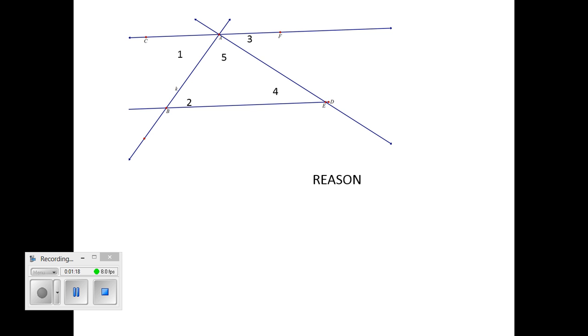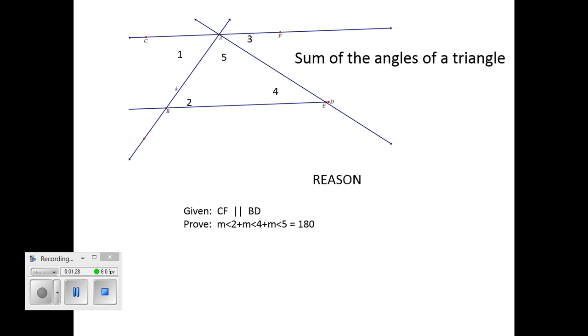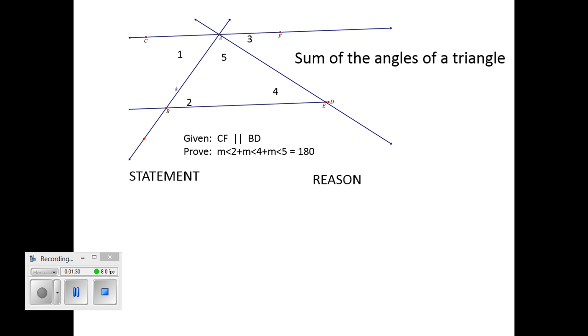Okay, the biggest thing that we need to know about triangles is that the sum of their angles is 180 degrees. Okay, and we can prove that based on something we already know about our parallel lines and transversals. So we're going to start out with this set of parallels, CF and BD, as shown up here.